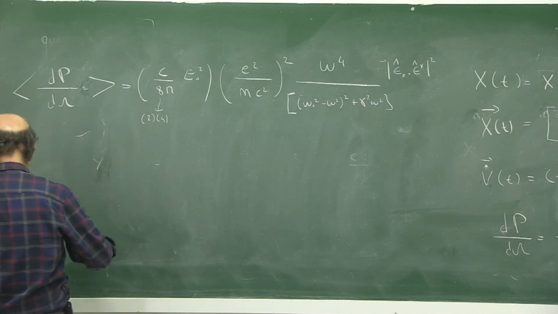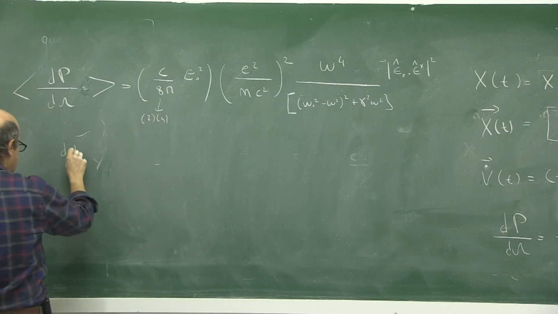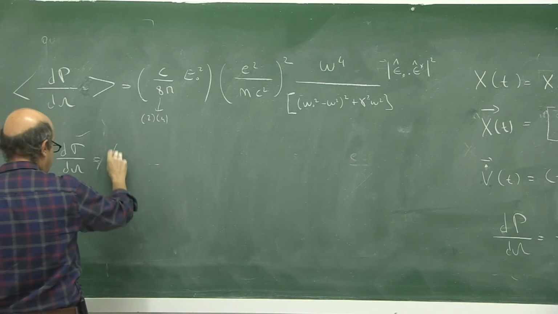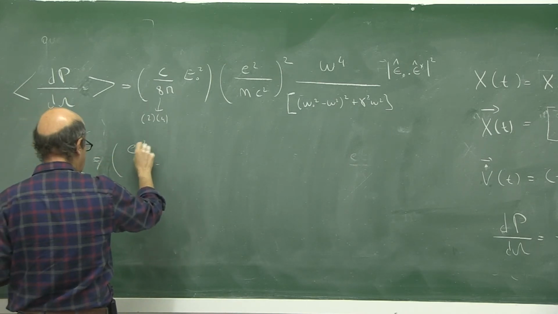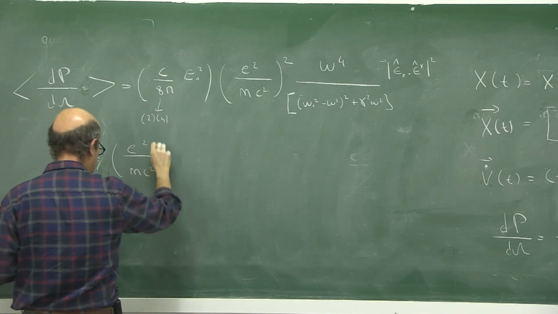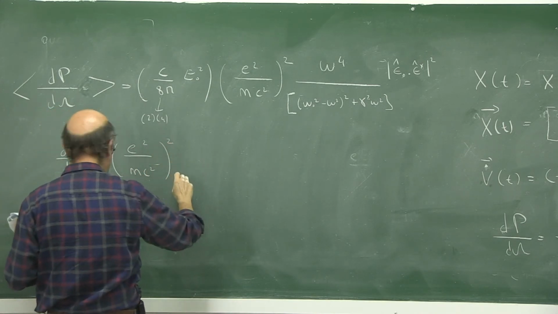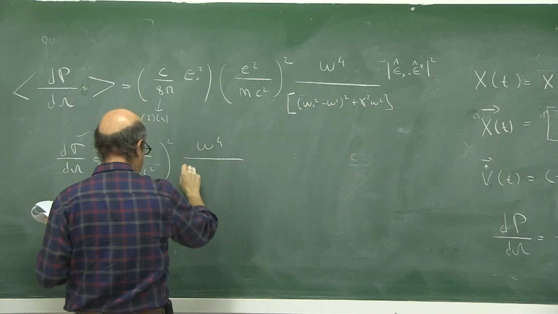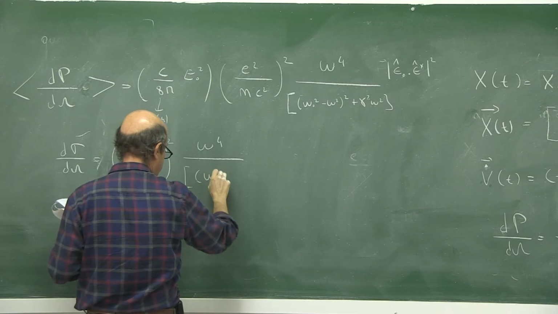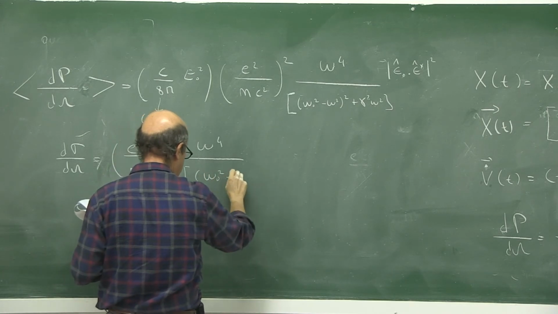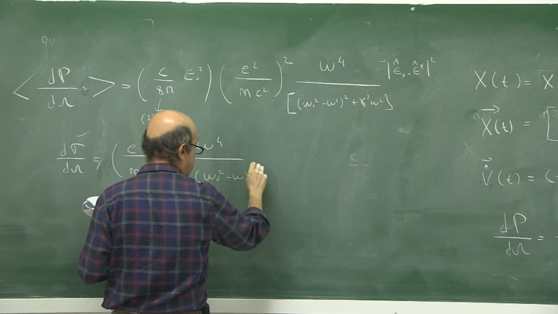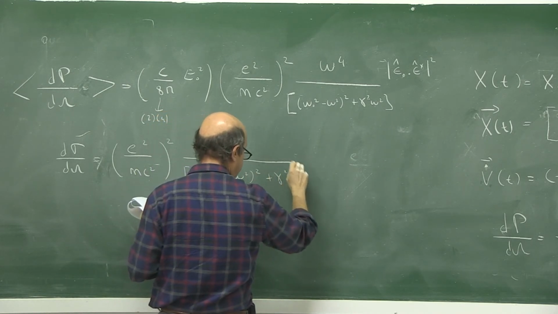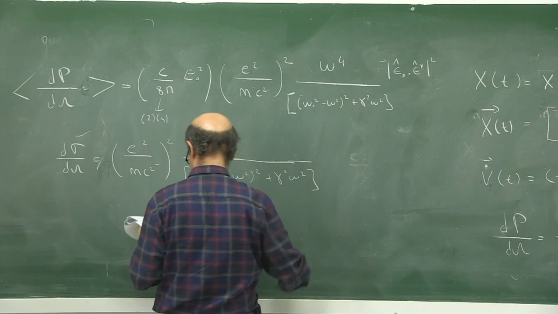And altogether, you can write again the scattering cross section per solid angle as e squared over m c squared, squared, omega to the 4 over omega 0 squared minus omega squared, squared, plus gamma squared omega squared.